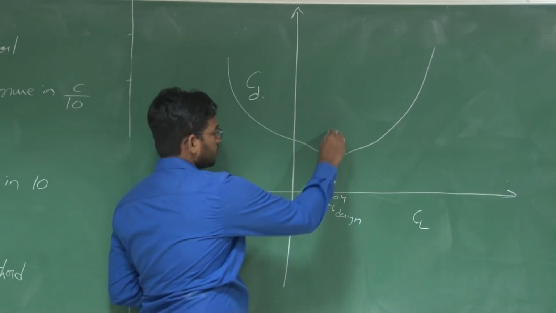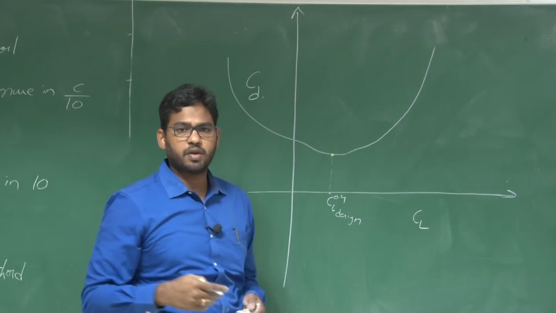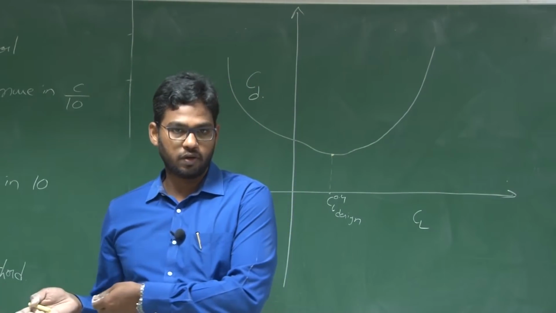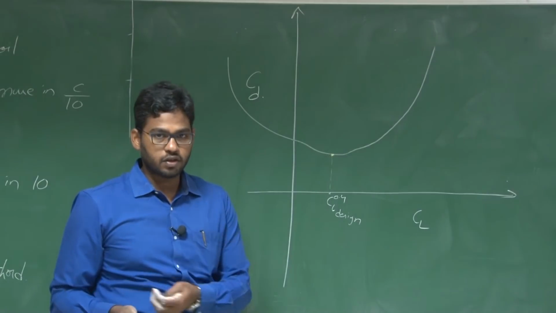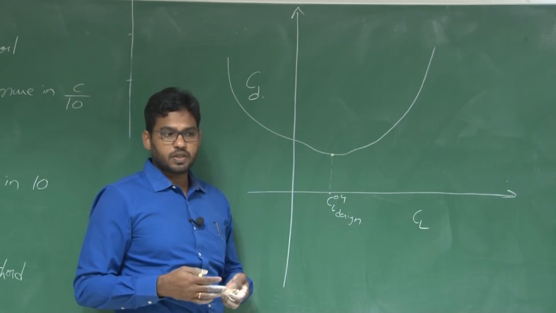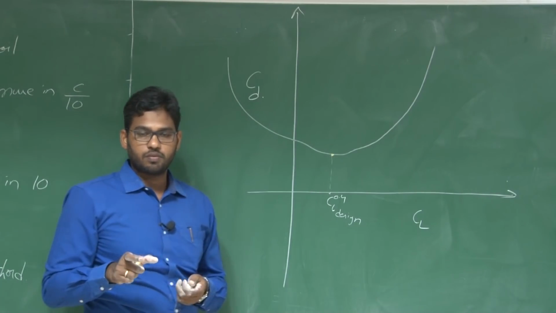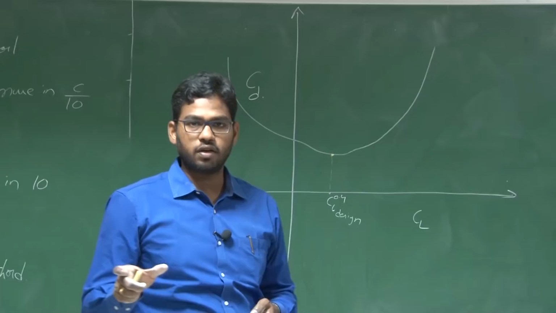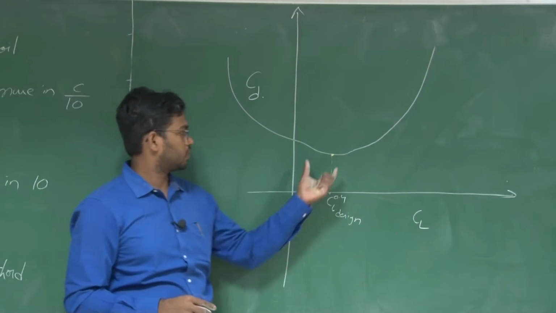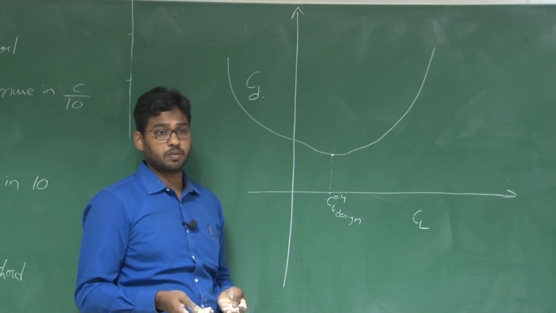Now this design CL is achieved at a particular angle of attack. We know CL is expressed as CL naught plus CL alpha into alpha. Say somehow you change the velocity, due to maybe a headwind or tailwind, and suddenly the UAV velocity is changed. Because of this, you need to again increase or decrease the CL depending upon the type of disturbance.